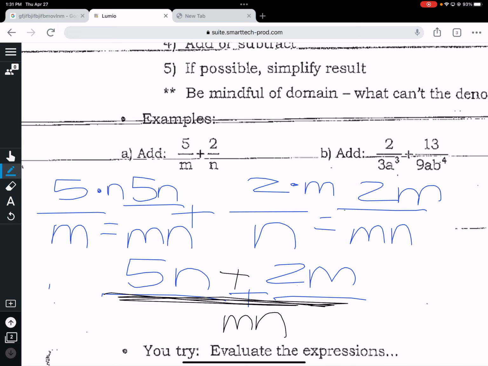Very good, because it's a variable standing alone, so mn. Now, would you say m cannot equal 0, n cannot equal 0? In this case, because they're the same exclusion, you could just list it: m and n cannot be 0. If they were different numbers, you would do m cannot be and n cannot be.